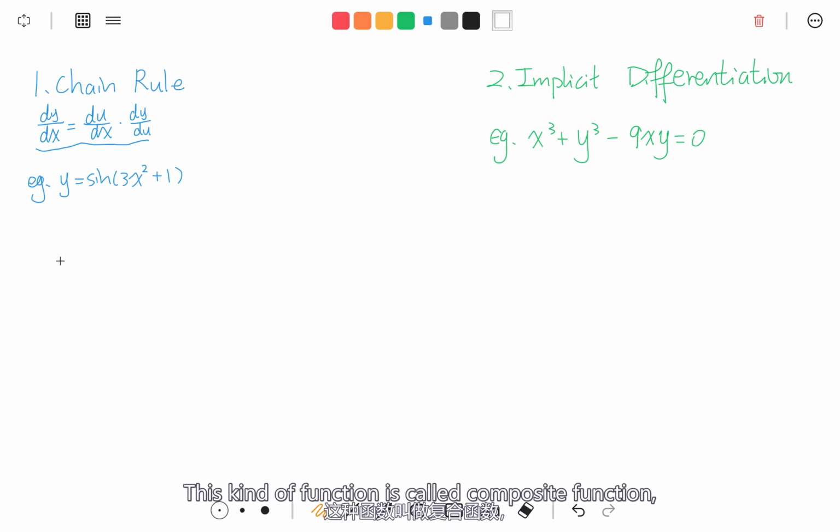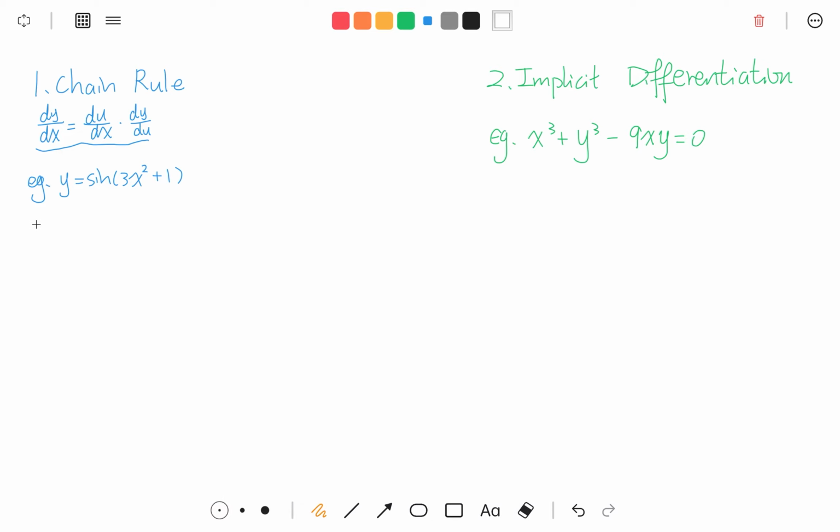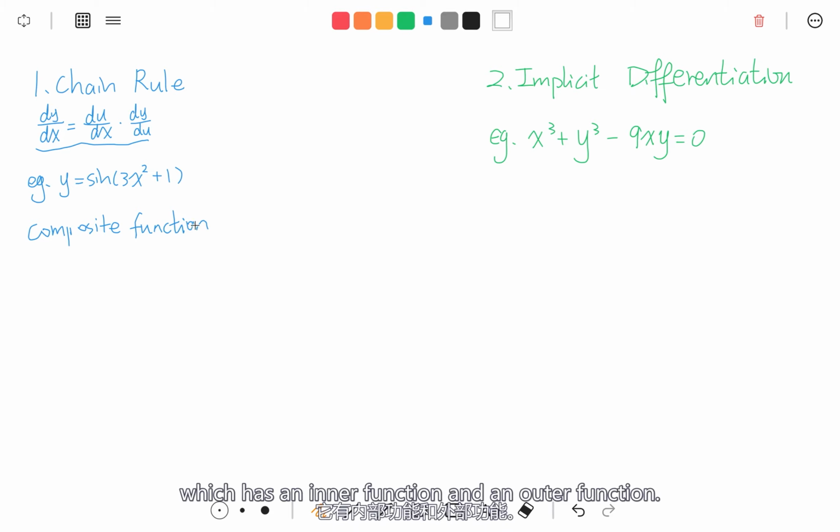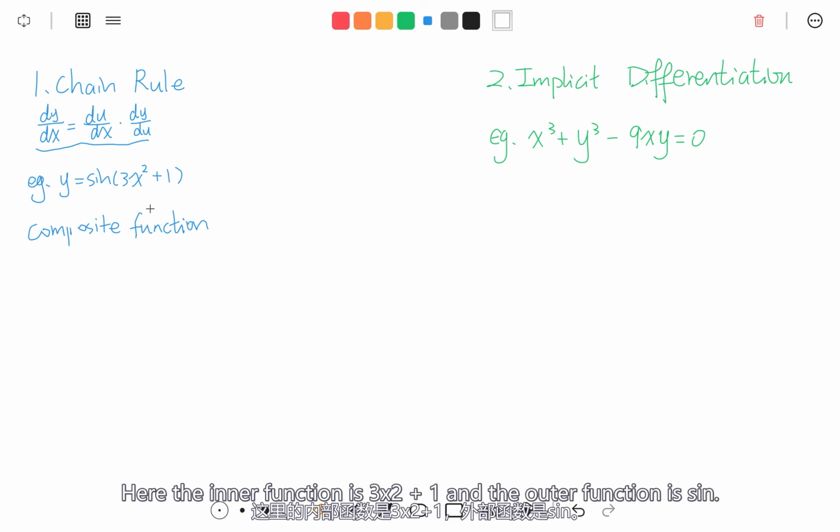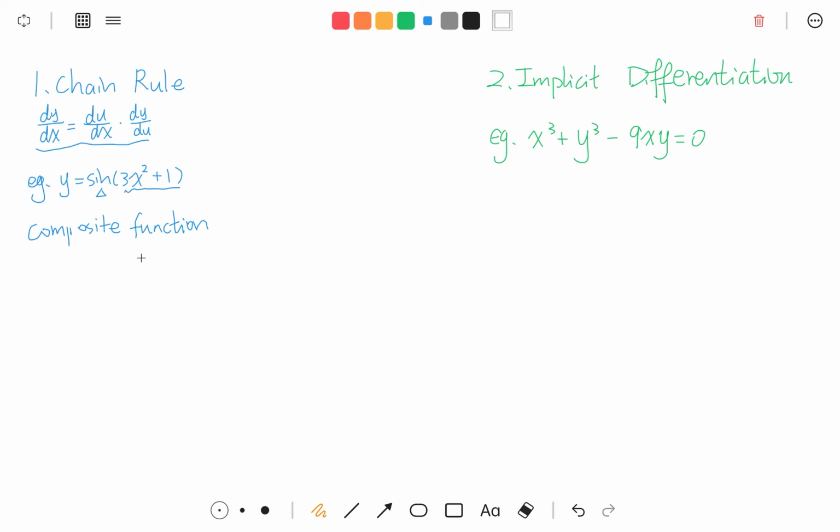This kind of function is called a composite function, which has an inner function and an outer function. Here the inner function is 3x squared plus 1, and the outer function is sine. We separate chain rule into 3 steps.